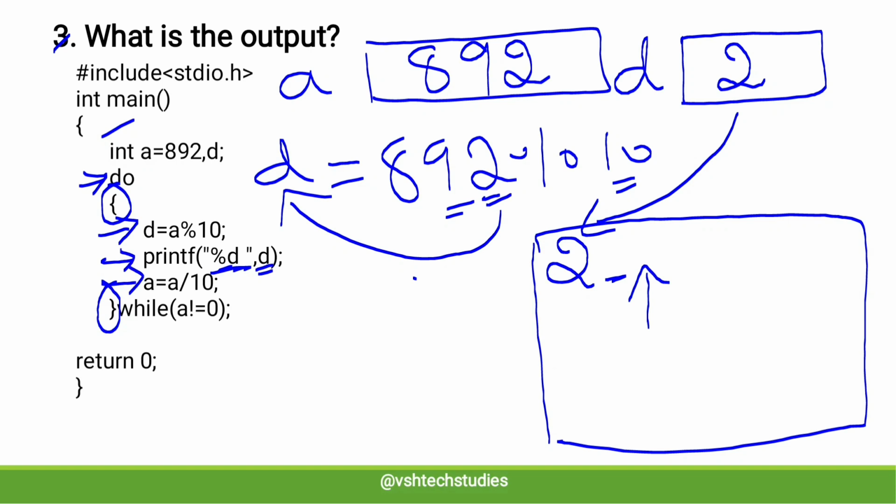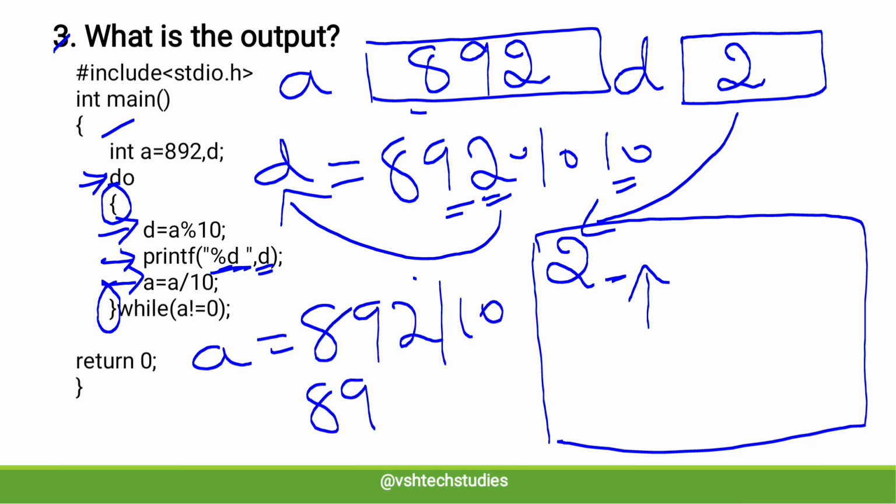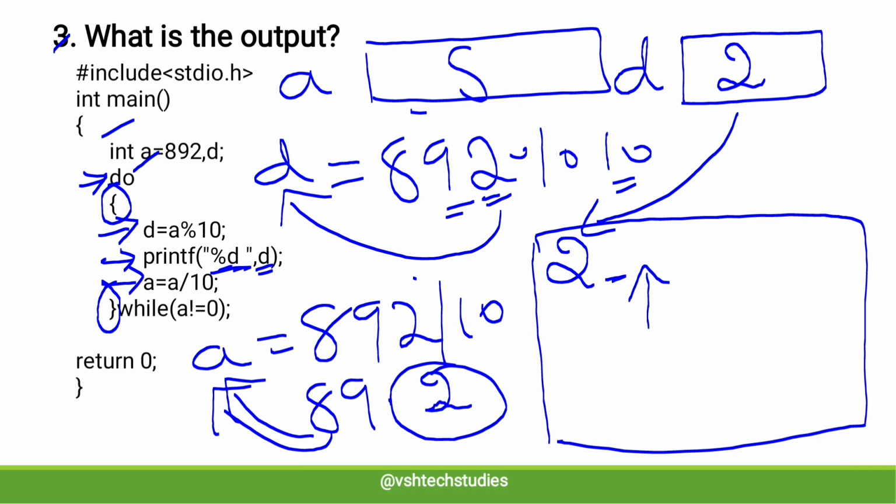The third instruction is A equal to A divided by 10. A is 892 divided by 10, which is 89.2. That must be assigned to A, but it cannot store 0.2 because it is integer type. So only 89 will be saved in A. 892 is struck off, and 89 is saved in A. The execution of all three instructions in the loop body is over.